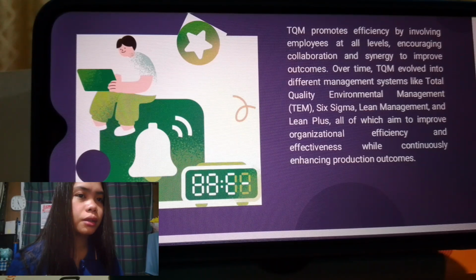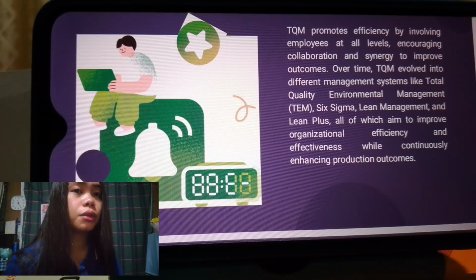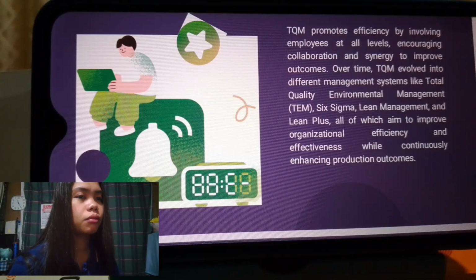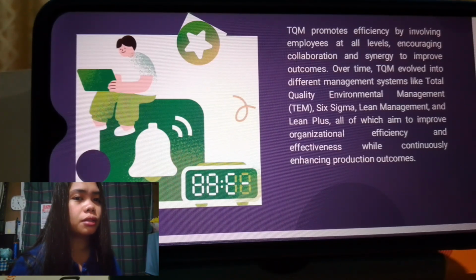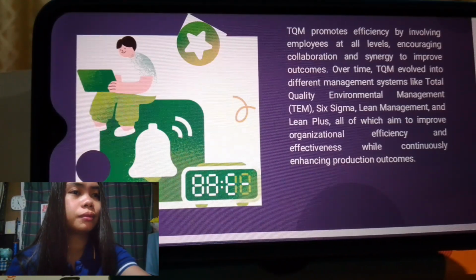Over time, TQM evolved into different management systems like Total Quality Environmental Management, Six Sigma, Lean Management, and Lean Plus, all of which aim to improve organizational efficiency and effectiveness while continuously enhancing production outcomes. So this is what W. Edwards Deming emphasized and promoted in TQM, like leadership and what should be done for the environment.